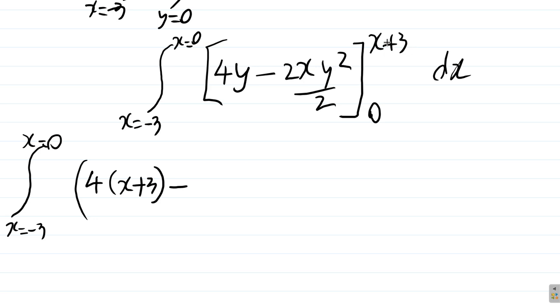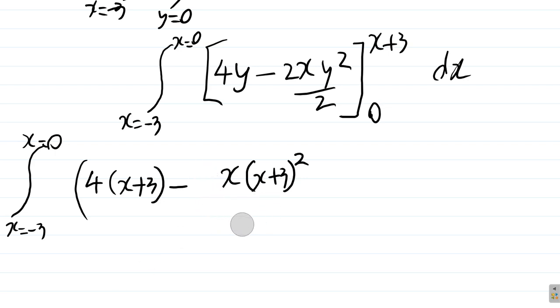Y, I'm dealing with the upper boundary now. So it's 4 times the upper boundary y, which is x plus 3, minus 2 times x times the upper boundary again, x plus 3. Y is x plus 3, but y is squared, so this must be squared. See that? Right? Over 2, but if I put over 2, 2 cancels 2, so I don't need to worry about that part.